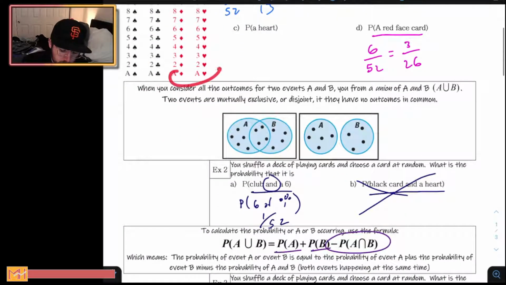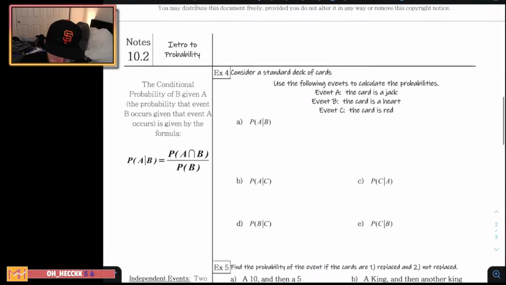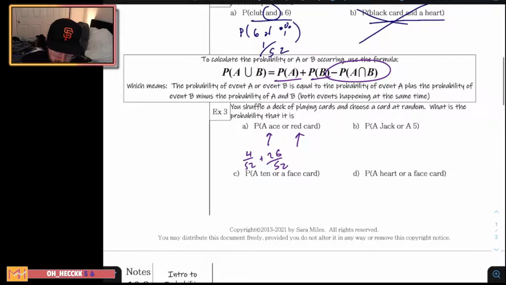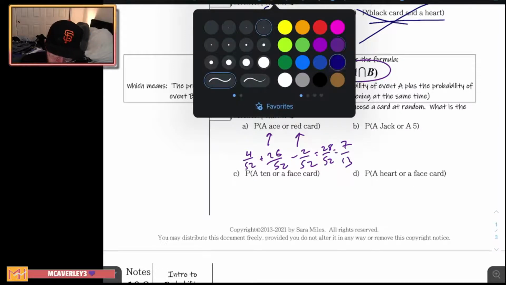Those 2 red aces are being counted twice, once in here and once in here. So we only want to count them once. So let's subtract 2 out of 52, because that's the overlap. That's the overlap, and we end up with an answer of 28 out of 52, which reduces to 7/13.